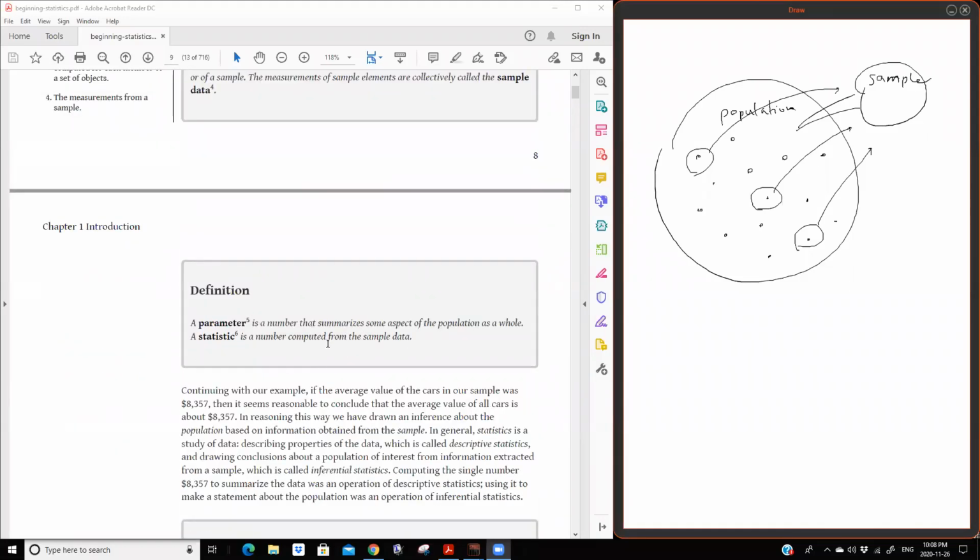Another definition, very important one, you need to be able to distinguish between a parameter and a statistic. What is a parameter? What is a statistic? A parameter is a feature of the population. So for example, these are the population parameters.